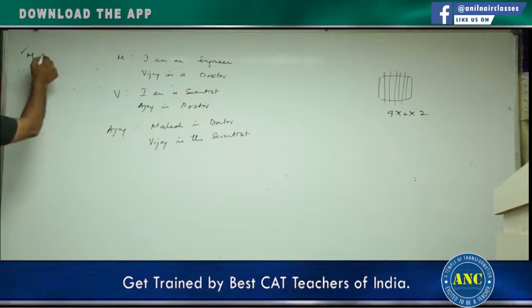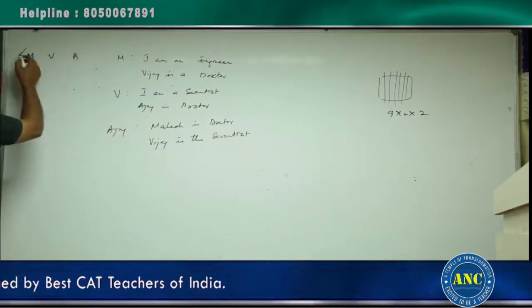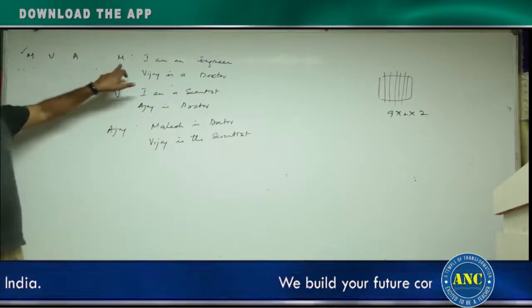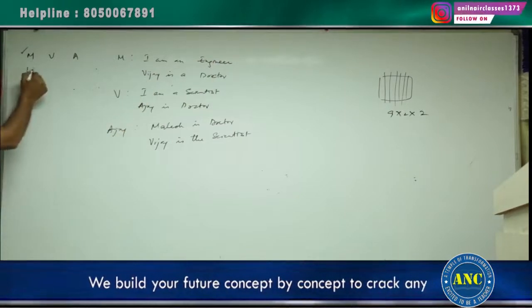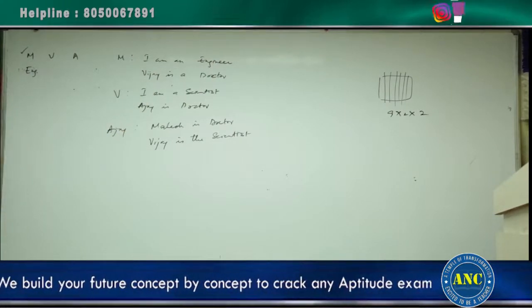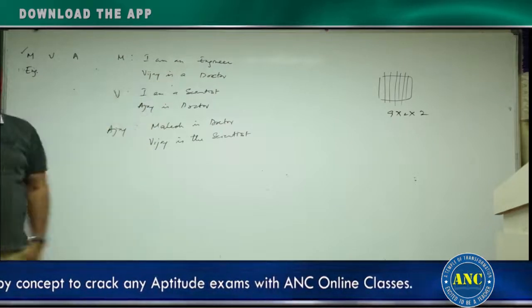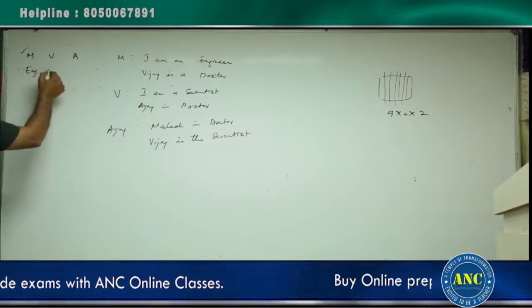So we have Mahesh, Vijay and Ajay, and I'm assuming Mahesh is the true teller. Now Mahesh is saying, I am an engineer. That means he's telling the truth, I accept he's an engineer. Good, great. Look here, Vijay is a doctor. We should believe him because he's a true teller. He's saying Vijay is a doctor.